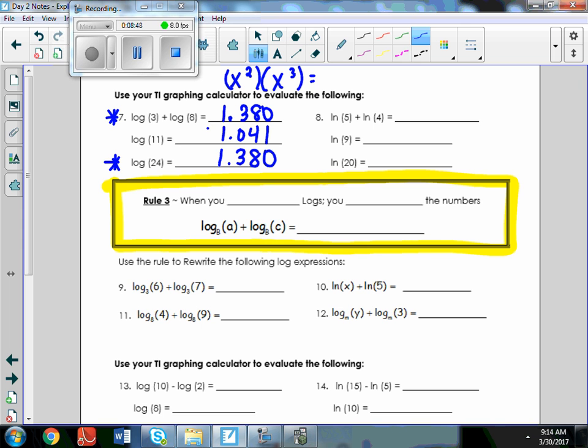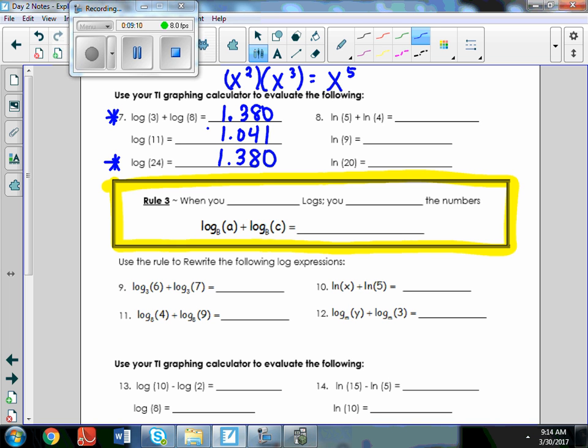What was the rule for exponents? When you multiply with exponents, what do you do to the exponents? You add them. So when you multiply with same base exponents, you add the exponents. Okay? When you add with same base logs, what do you do to the numbers? Multiply. So it's the exact opposite.